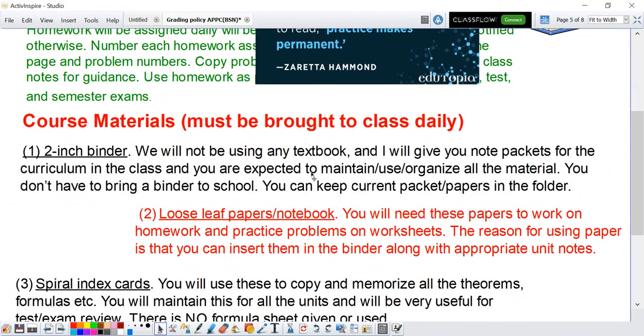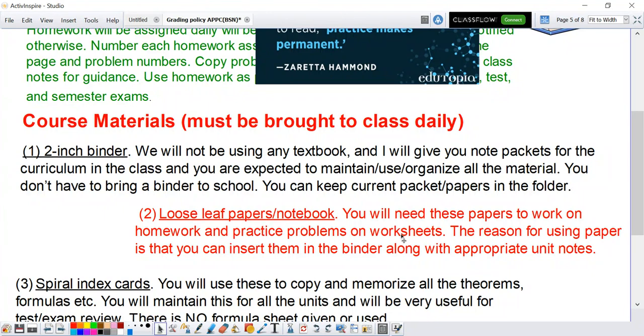Course material they have to bring to the class is a 2-inch binder to maintain at home. Normally, we give them packets which you are expected to maintain, use, organize, and bring to the class, but you don't have to bring the binder. Never throw away any of those packets because we have to study for the exam towards the end of the year.